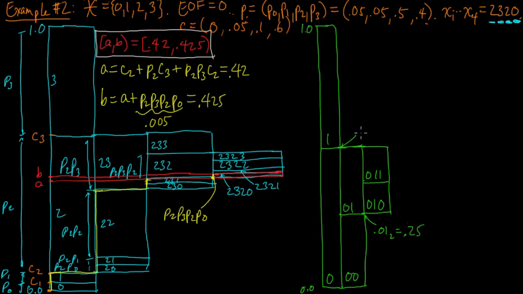This is a half, 0.5. 0.011 is a quarter plus an eighth, which is 0.375. We're trying to get within 0.42 to 0.425, so we're definitely in the 011 part.